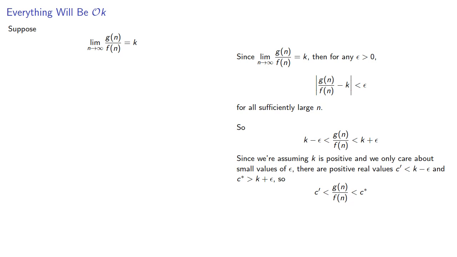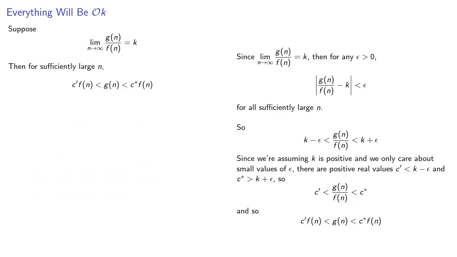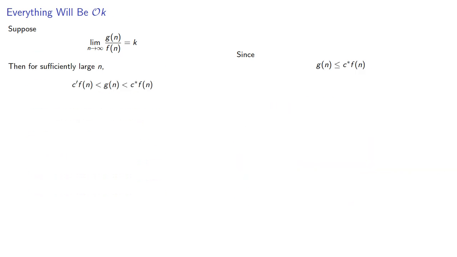And so we know that for all sufficiently large n, g of n is going to be somewhere between a multiple of f of n and a different multiple of f of n. Now, since g of n is less than c star of f of n, then g of n is big O of f of n.